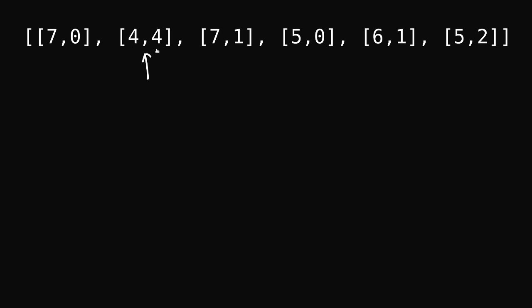So what can I say about this person who has a height of 4? Well, no matter what person is standing in front of this 4, that person is definitely going to have a height greater than or equal to 4, right? Why? Because since 4 is the minimum value, every other person will have a height greater than or equal to 4.